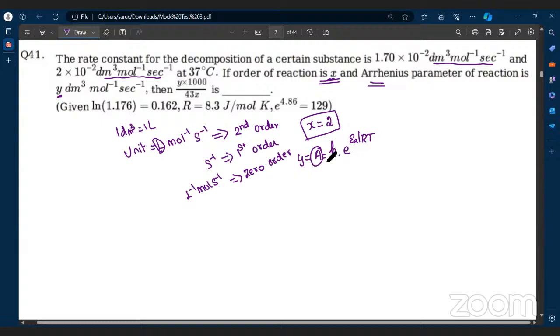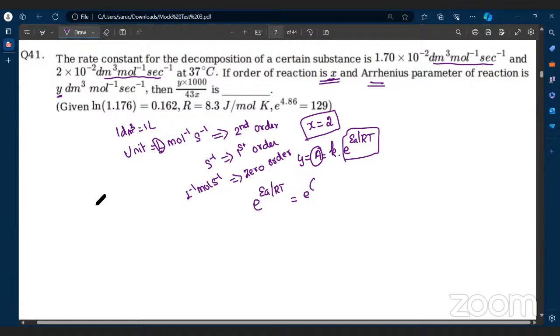So now, first I will evaluate this part, e power Ea by RT. What is Ea? Ea is the activation energy. So you have to find the activation energy first.